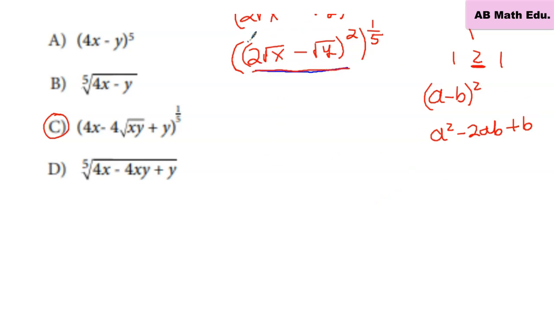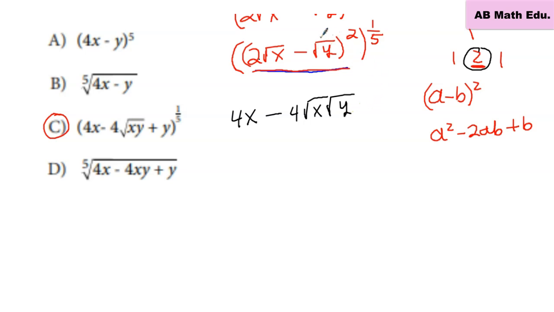So here we will square this, we will get 4x, and we will square this, and the root will go away. And then we are going to multiply the 2 by that. So it's going to be 2 times 2, which is going to be 4 root x times negative root y, which will give us negative 4 root x and root y.